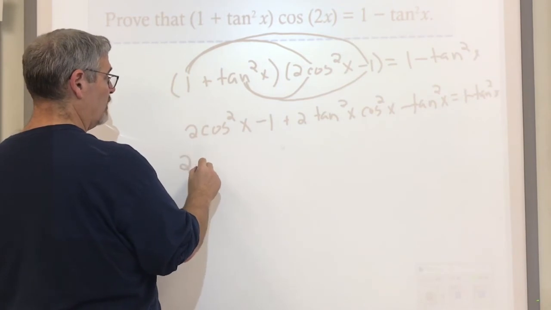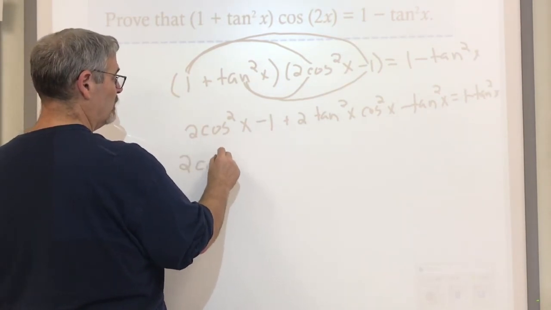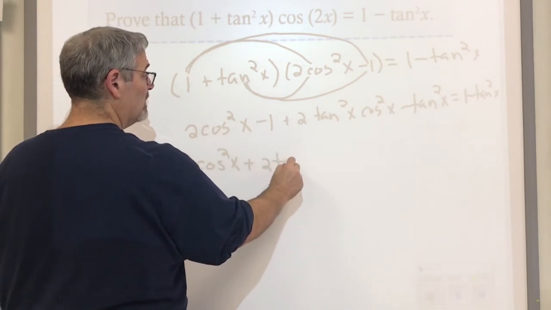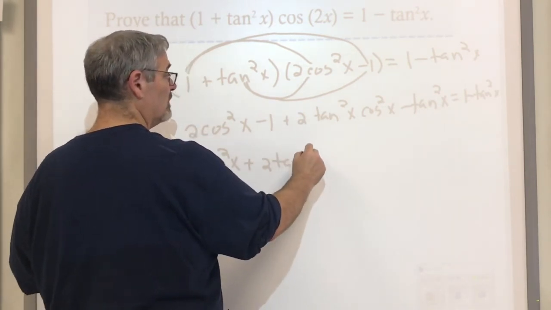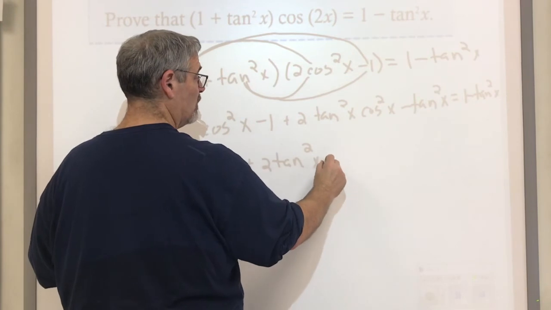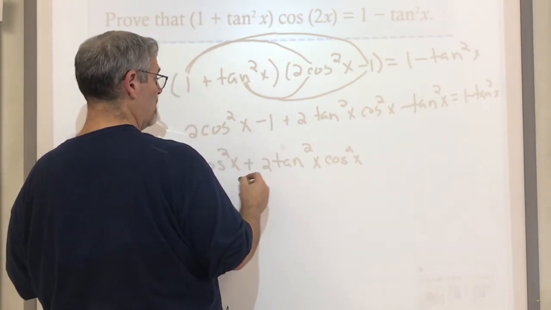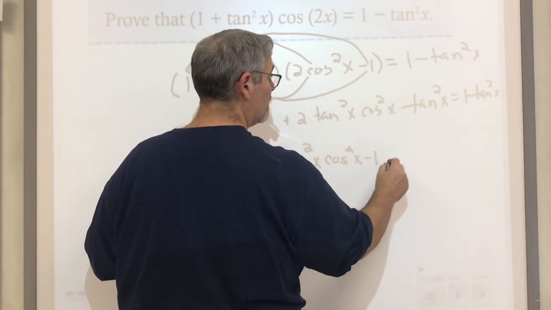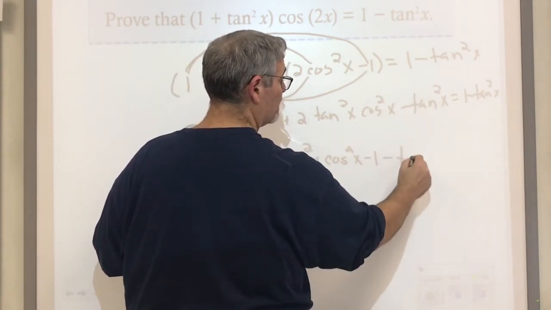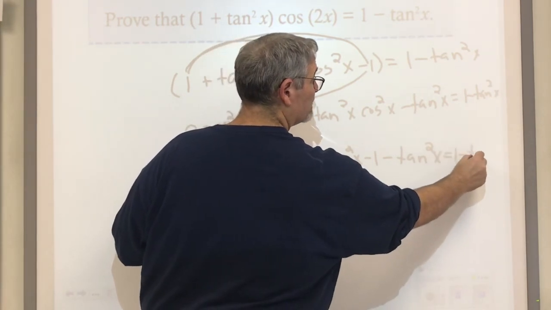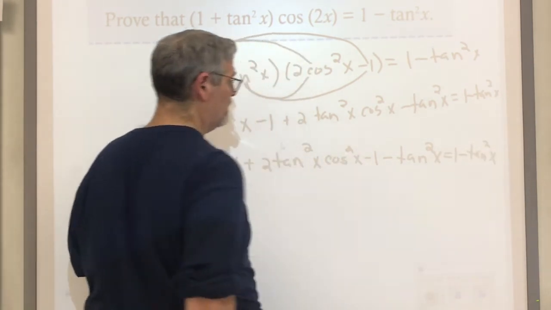So I'm going to rewrite it as 2 cosine squared x plus 2 tangent squared x cosine squared x minus 1. Obviously, I'm bringing this down. Minus tangent squared x is equal to 1 minus tangent squared x.